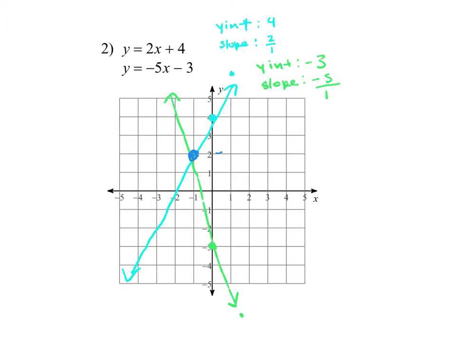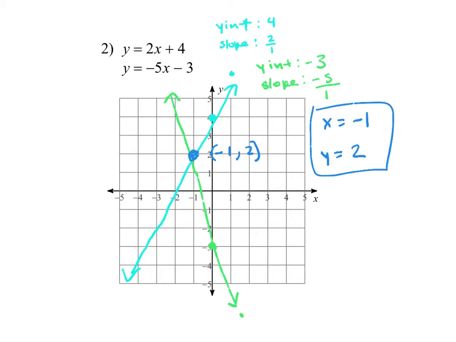So what is our x equal to and what's our y equal to? x is -1, and then what's our y? 2. So we got x is equal to -1 and y is equal to 2, and that's our answer.